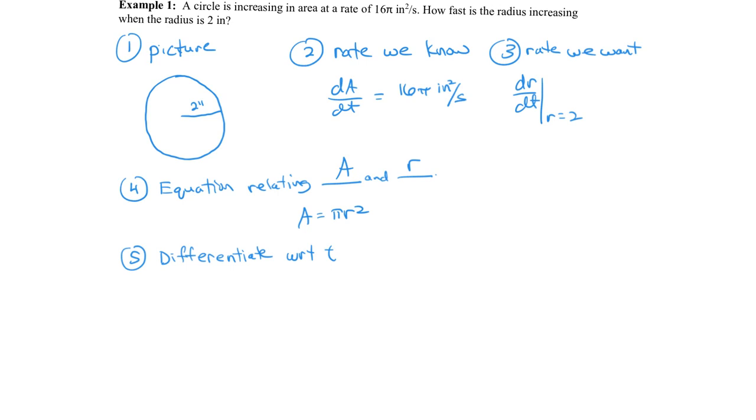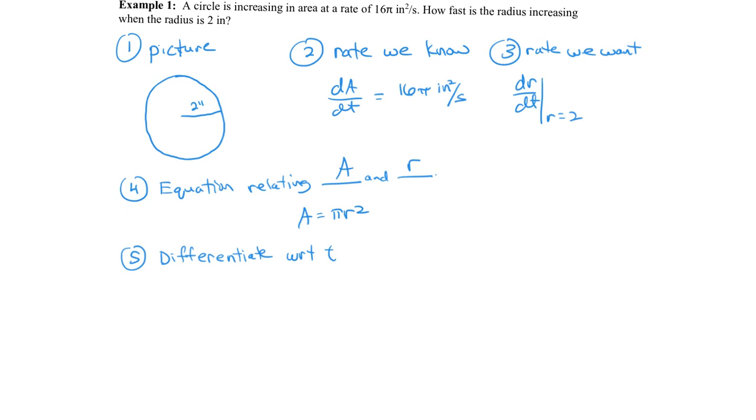For step 5, we look back at this equation, and then we differentiate with respect to t. And you'll notice there are no t variables here, so we're going to have to do implicit differentiation. So we'll differentiate this side, so we'll get dA/dt, and over here, we have pi r squared, so r is the variable, pi is just a constant.